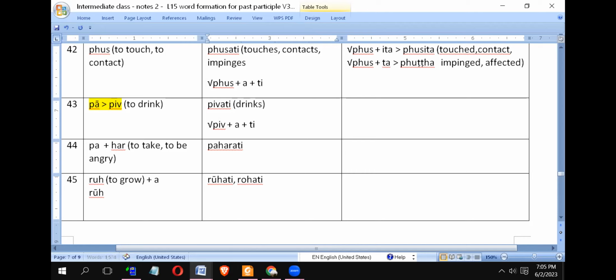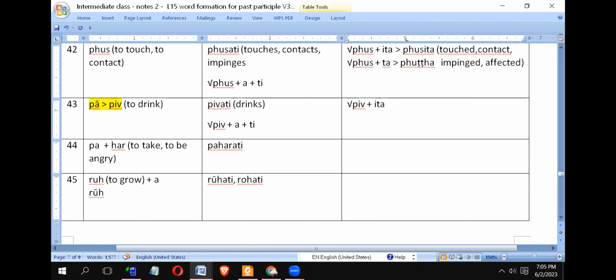Okay. So past participle is? Past participle would be piv plus ita.